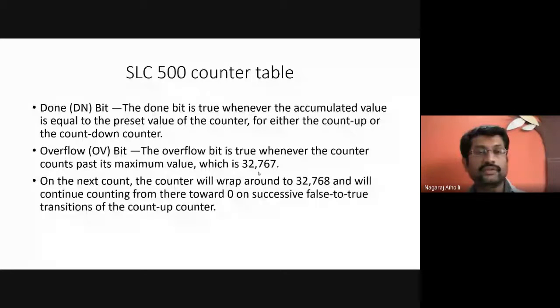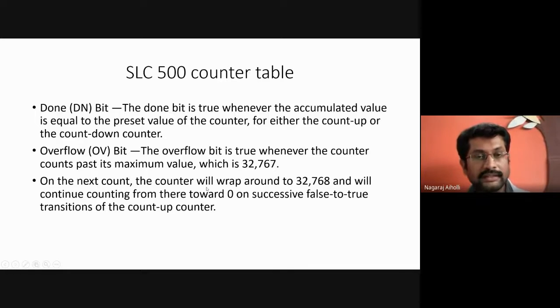Based on that they maintain this maximum value. If it's an 8-bit counter, then they will take 2^8. If it's a 16-bit counter, then 2^16. If it is a 4-bit counter, 2^4. 2^4 means 16, so the count runs from 0 to 15.